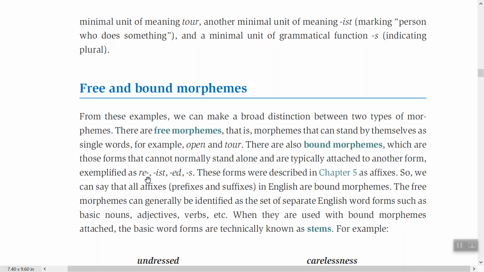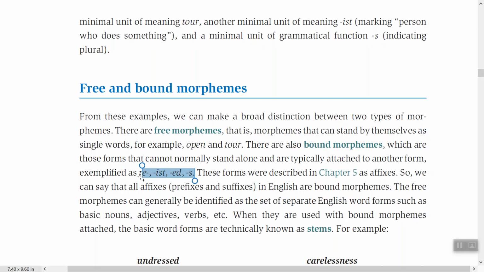Like re, ed, s. They cannot stand alone; s alone is meaningless. These are still morphemes, but they are meaningless on their own. When do they become meaningful?